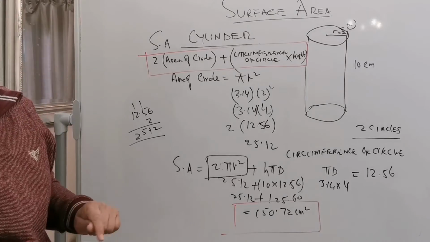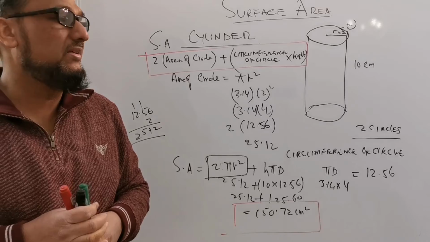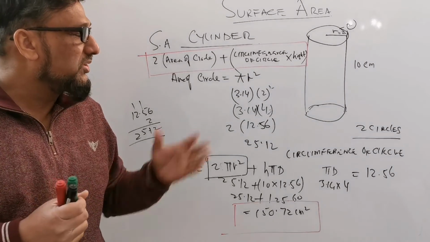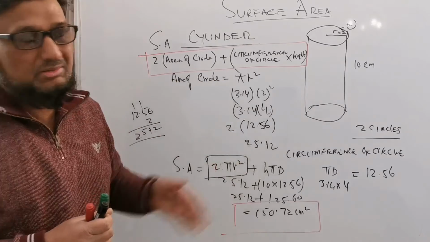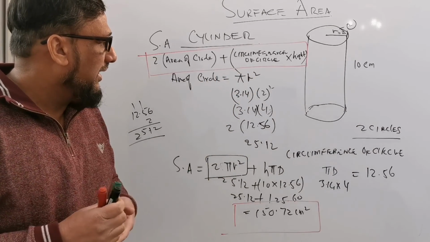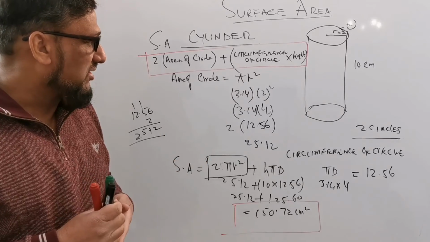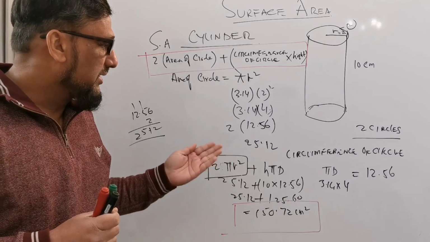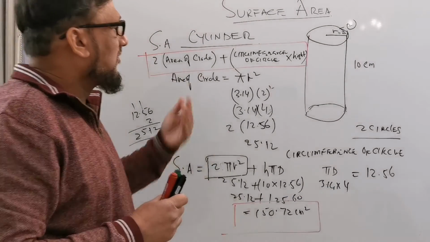So altogether 150.72. So this is the surface area for cylinder. Very simple, you just need to substitute the values, and remember the value 3.14 for pi, and as you know, the radius is just half of diameter, and diameter is double the radius.